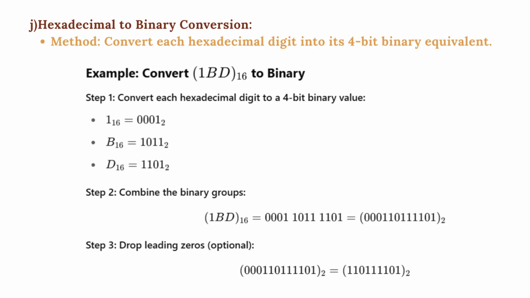Combine the binary groups. You can drop leading zeros. Then we'll get the result as 110111101 in binary form, which is the conversion of 1BD in hexadecimal.